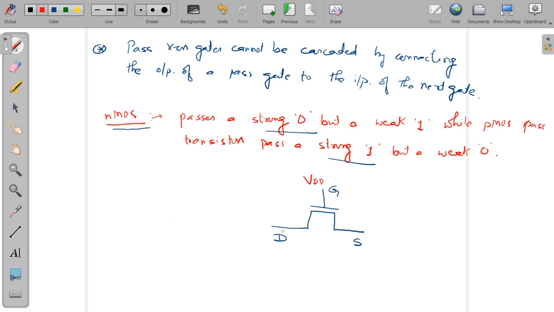We know the condition for operation of an NMOS. The NMOS will be on only if the gate voltage is higher than the threshold voltage. That is, VGS should be at least higher than the threshold voltage of the NMOS device.